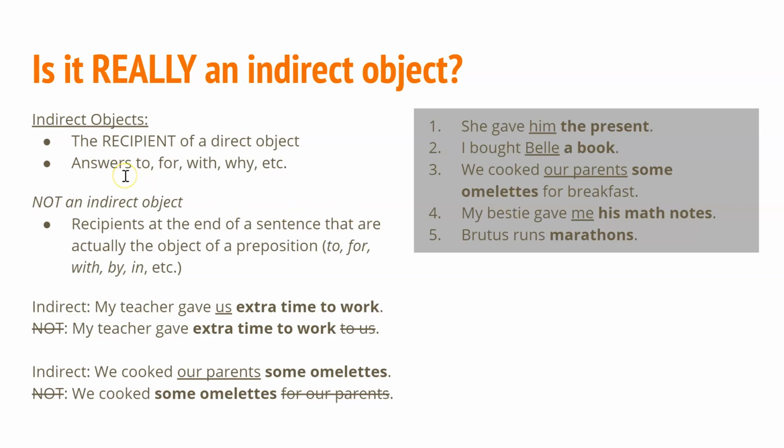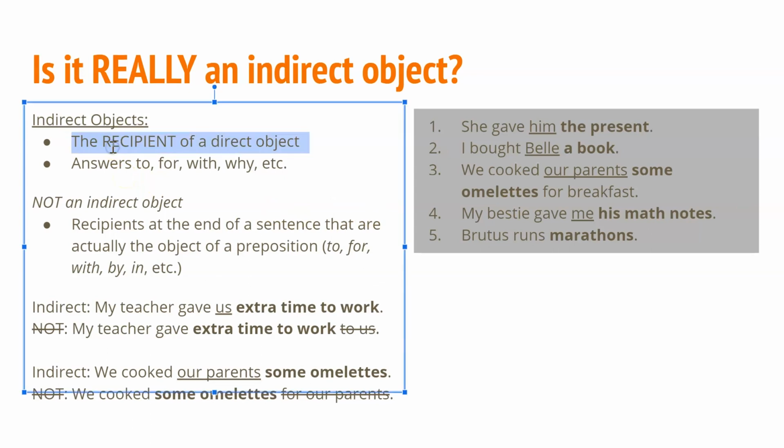So to review, we already talked about what an indirect object is, but here's what it's not. If you have a recipient at the very end of a sentence and it's next to a preposition, then it's no longer an indirect object. Now it's the object of a preposition, which is a whole other thing. And don't be intimidated by that, because here's what I mean.